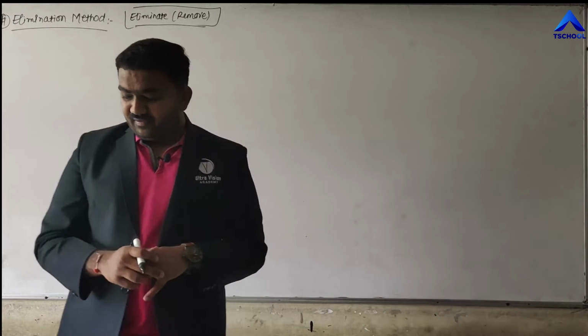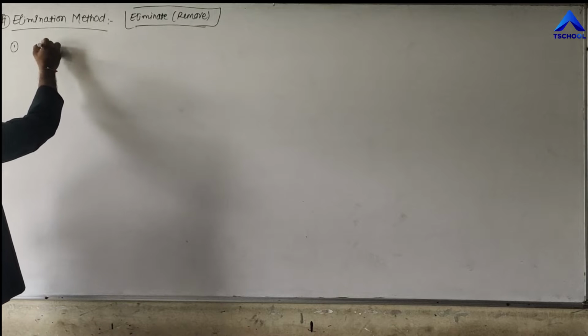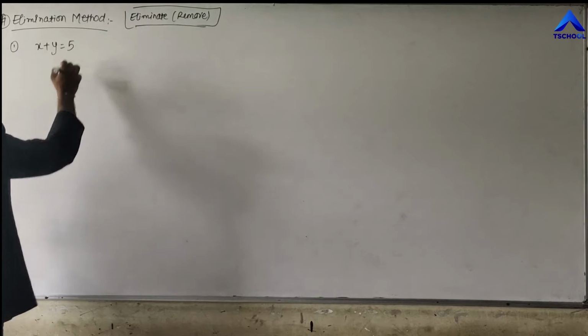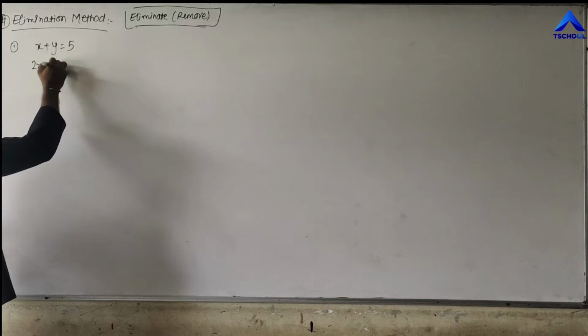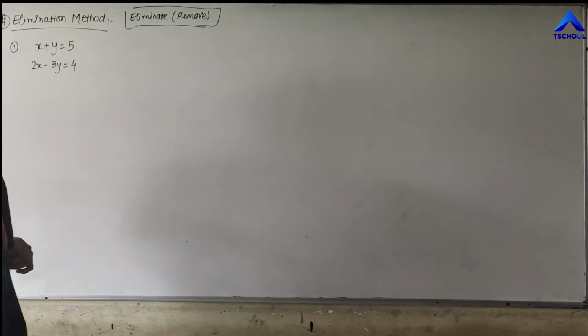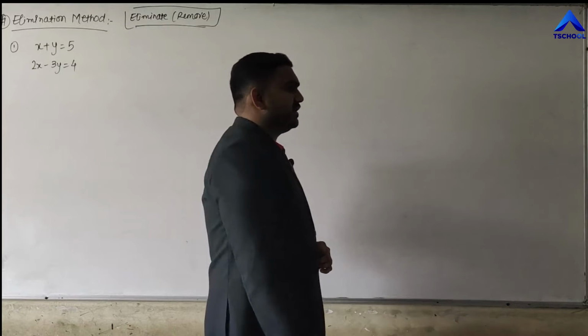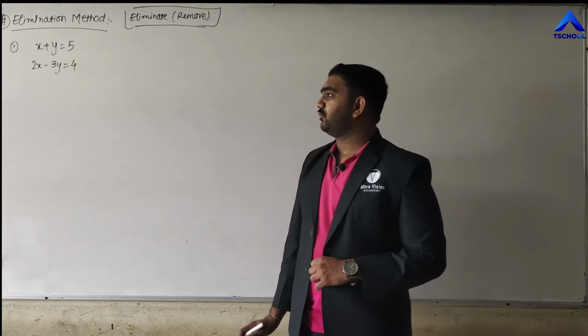Let me say, for example, I have a pair of linear equations here: x plus y equals 5, and the second one is 2x minus 3y equals 4.